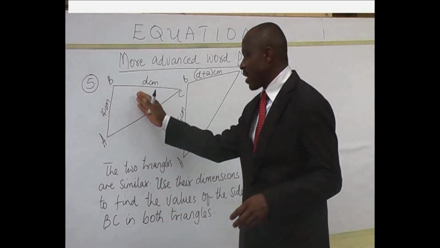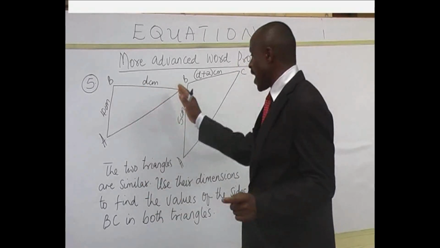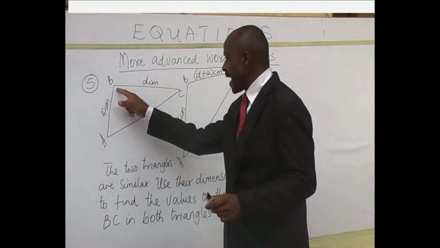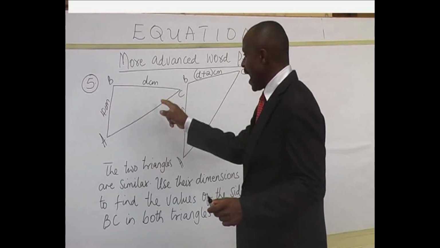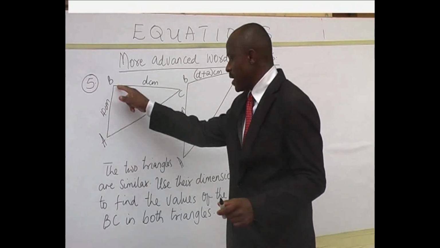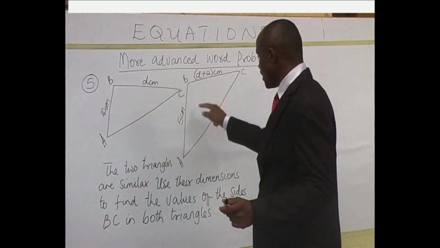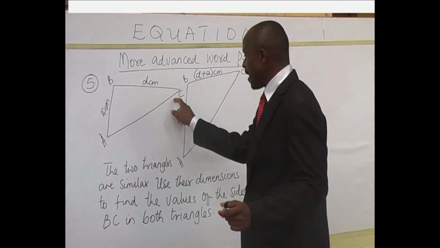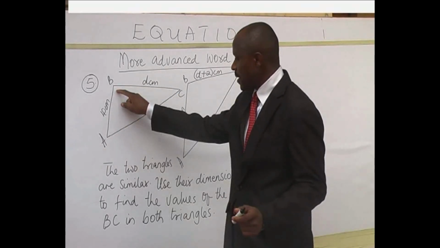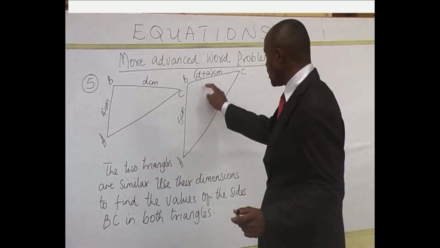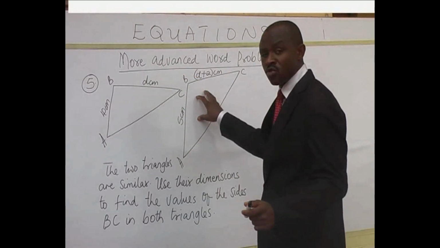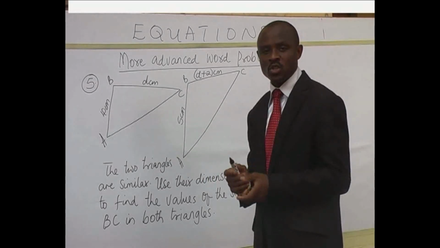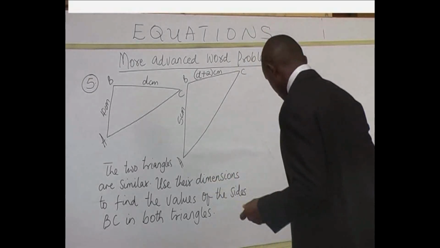So in these similar triangles, if the two triangles are similar, that means the side BC and the side AB that is given, if you say BC divided by AB, it will be equal to BC divided by AB in the second triangle, as long as they are similar. And that's exactly what we are going to do now.